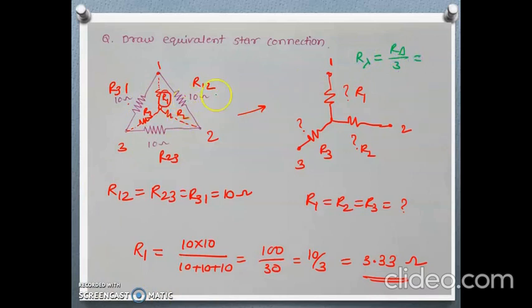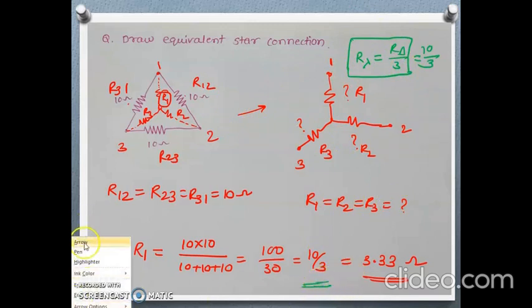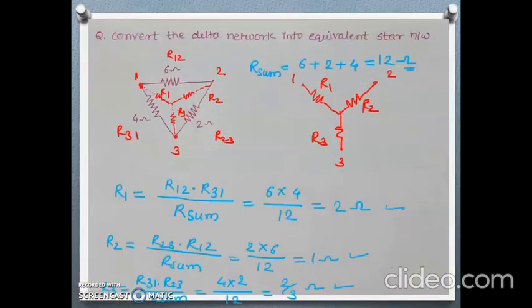And what is the value of R delta? R delta is 10, divided by 3, 10 by 3. So by using this trick, you can directly write the required value. Remember this.